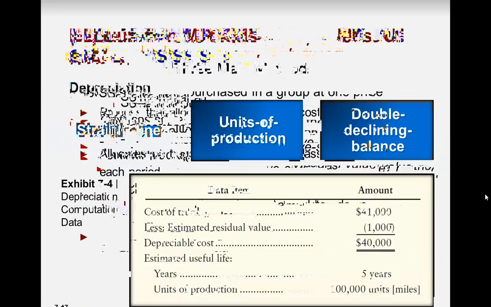If I'm using units of production, I was going to say that it will last me 100,000 miles. So I have a truck with depreciable cost of $40,000, estimated useful life 5 years or 100,000 miles. That's where we're at.